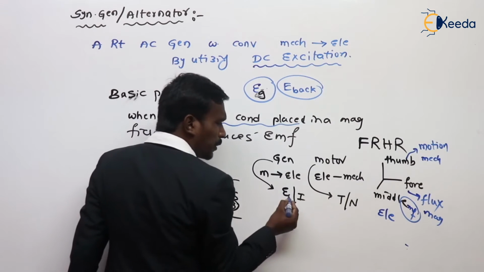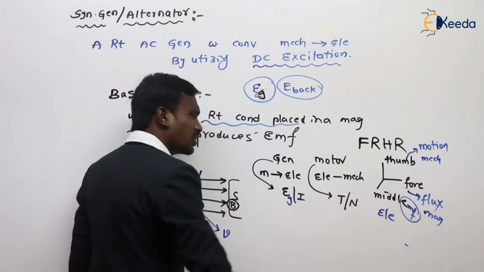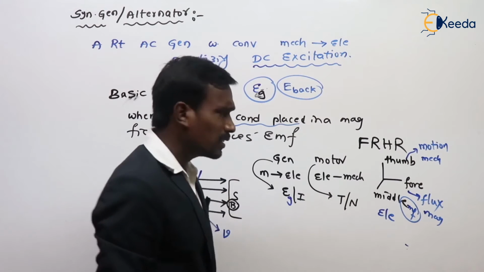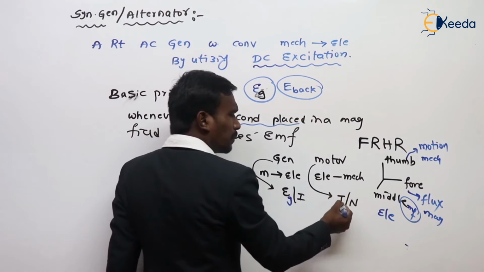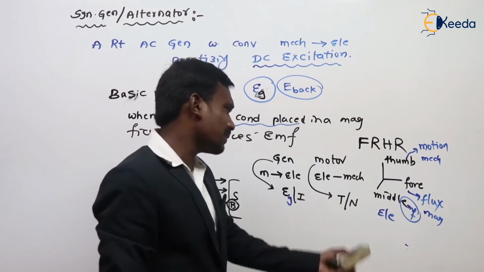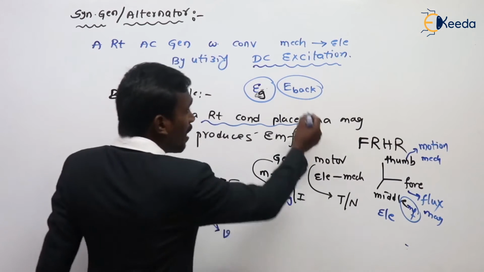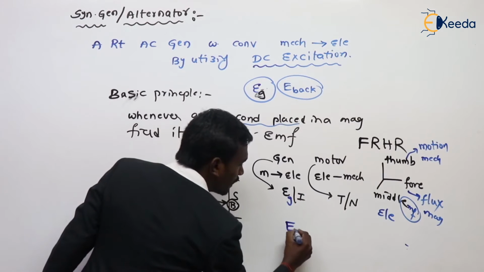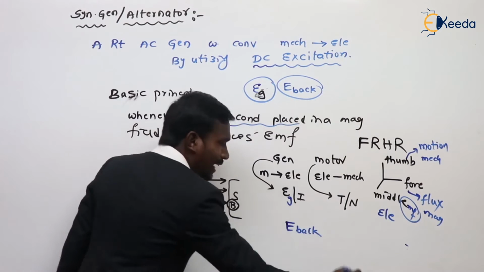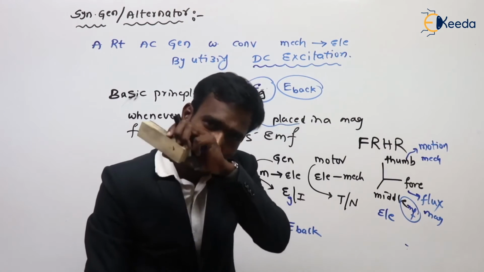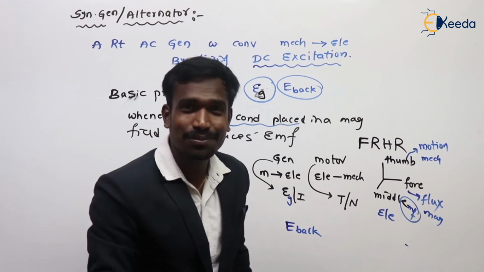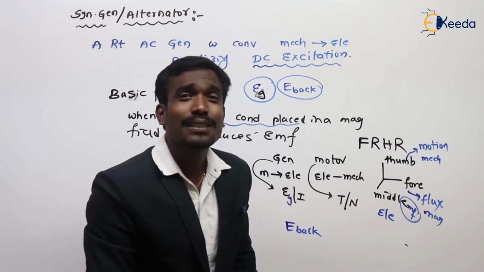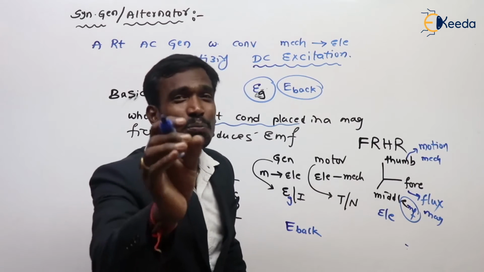The generator produces EMF, that's why it is called generated EMF. Of course, the motor produces torque or speed. But I am asking you, what about back EMF? Can you tell me? Back EMF belongs to the motor.